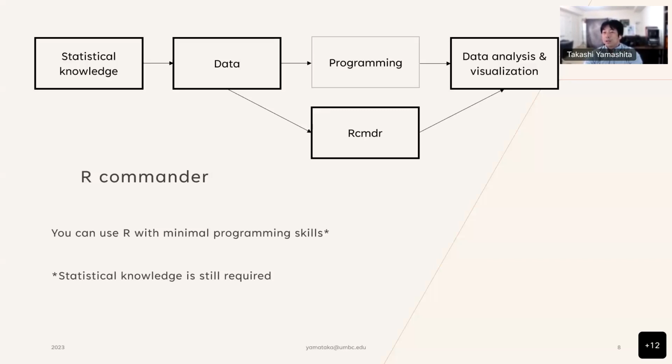The R commander is not the AI that would suggest to you the appropriate analysis or do the analysis for you. So you still need to tell R commander exactly what to do by pointing and clicking. But this can skip the initial part of the programming. So this is an advantage, and it has so much potential for statistics education as well.